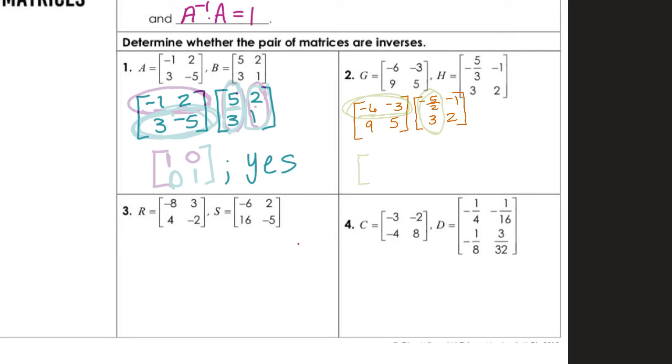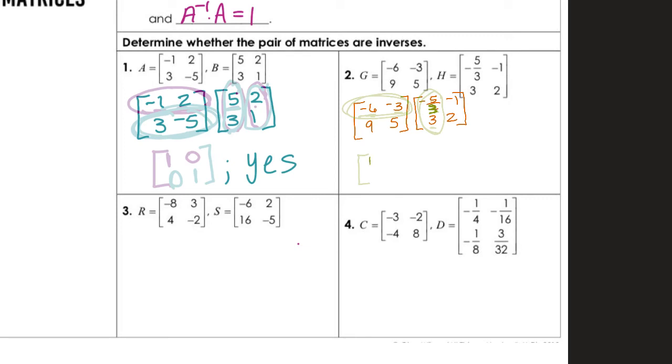So you've got -6 times -5 halves. Well, what is that going to give us? 10, isn't it? And then we're going to get -9. So that element ends up being 1, isn't it?